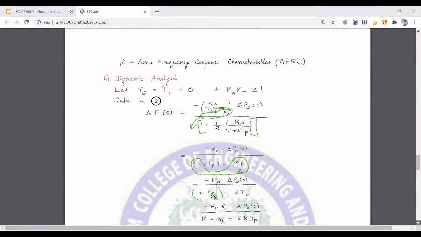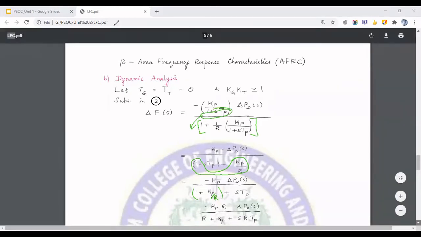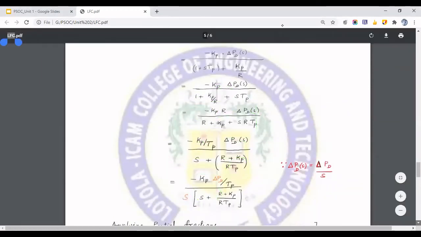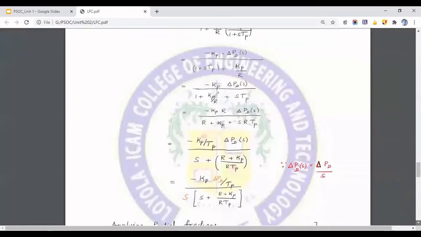I take the LCM, and as I do so, I multiply the other terms with R, whole divided by R. The denominator is taken to the numerator, so now R moves to the numerator, and this is our denominator.